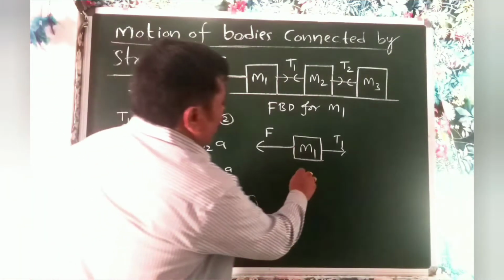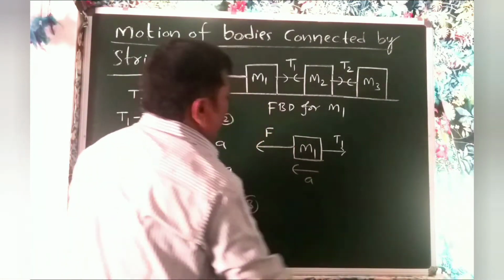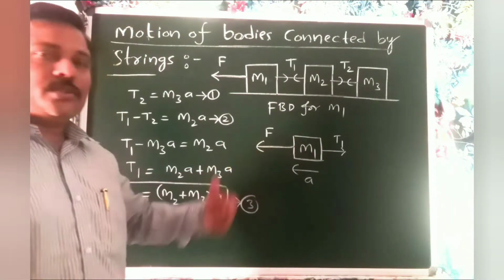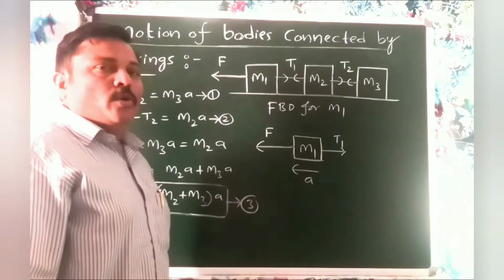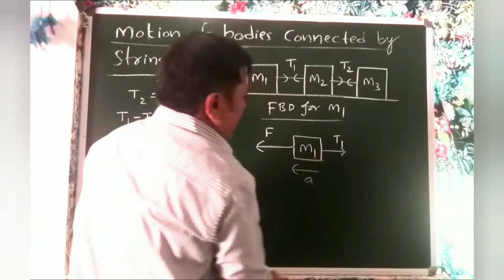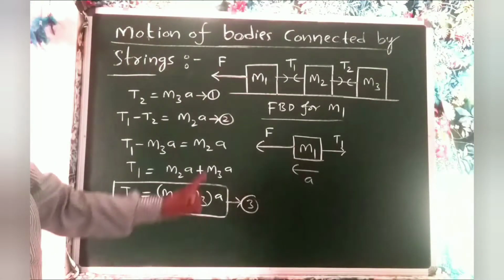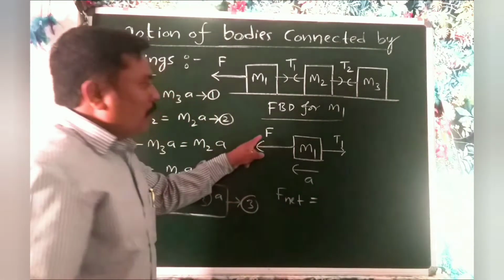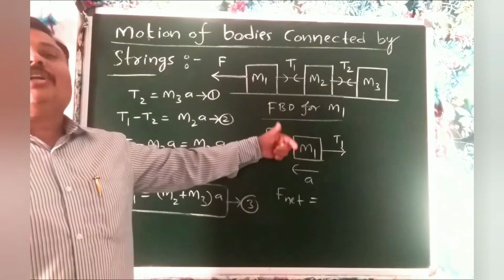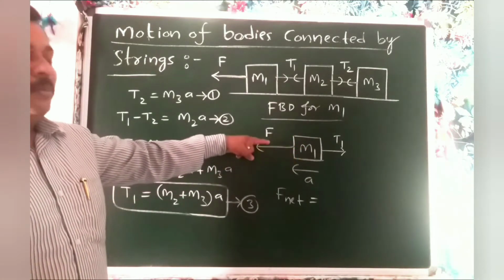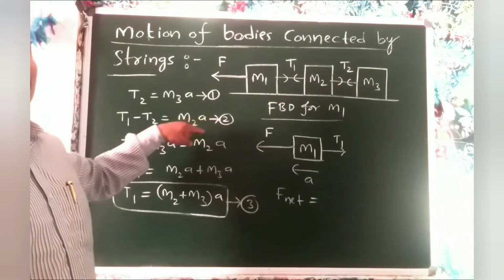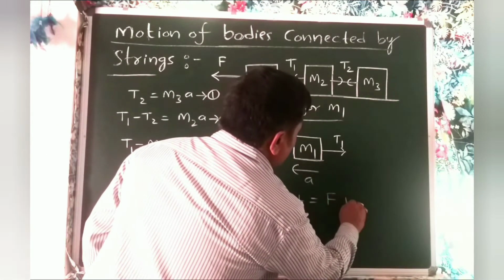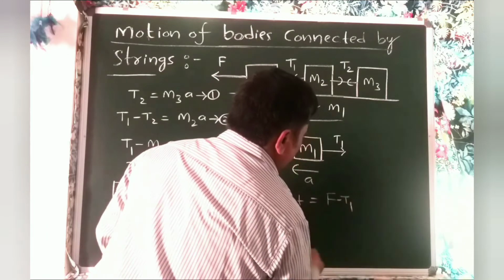The acceleration of mass M1 is along the negative x-axis, in the direction of the applied force. From this free body diagram, we write the net force on M1. F net is equal to, here the applied force dominates the tension T1 because the body M1 is accelerated along the negative x-axis. So we write F minus T1.